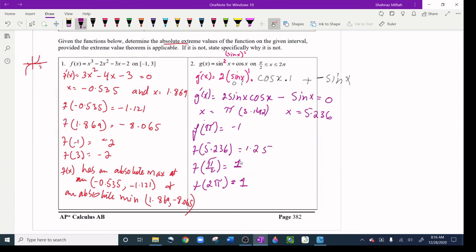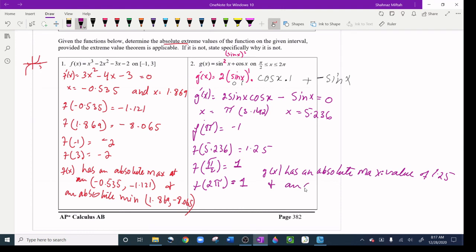So here is the maximum and minimum. You can tell g of x has an absolute maximum value of, if I use the words maximum value of, then I can just say y values. Which one is the biggest one? It's the 1.25.